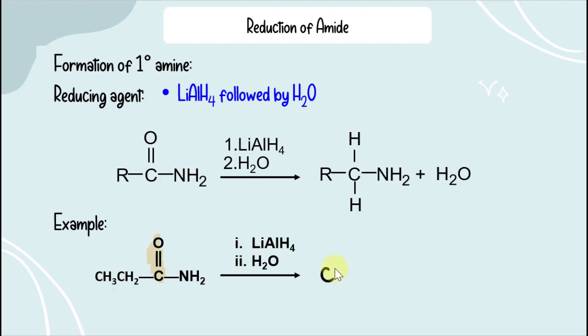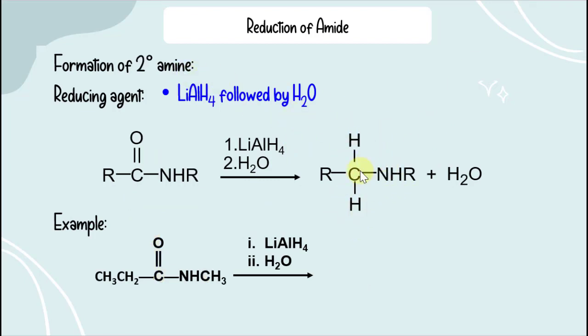Here we have the CH3, CH2, and then the C double bond O will be reduced into CH2, and then we have the NH2 group. So this is the formation of primary amines by the reduction of amide. Actually, our amide here is also a primary amide. So a primary amide undergoing reduction will produce a primary amine.